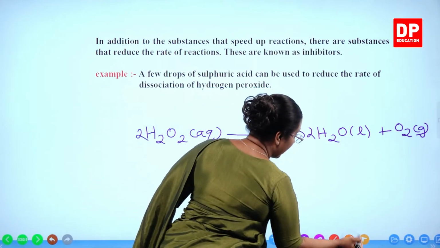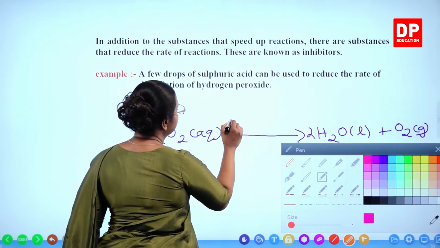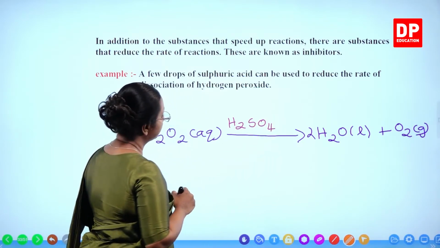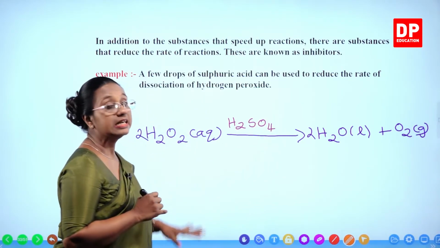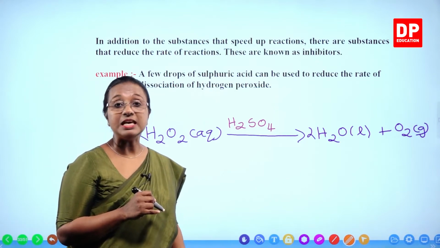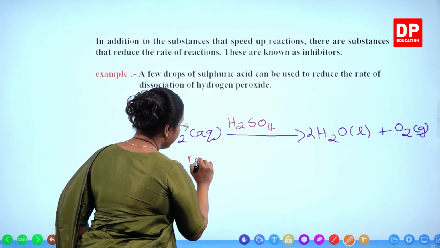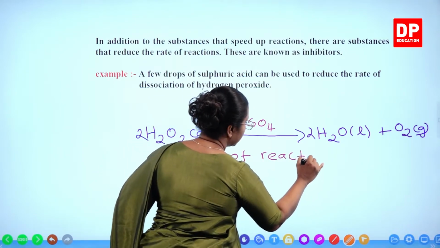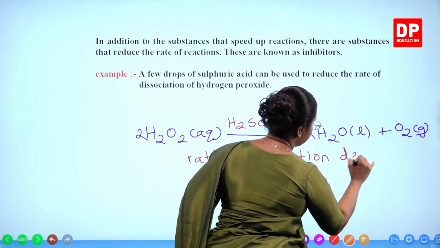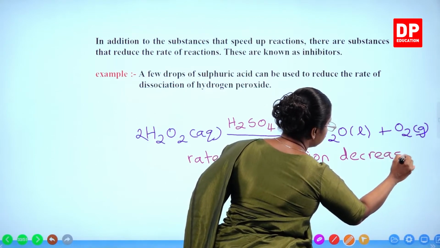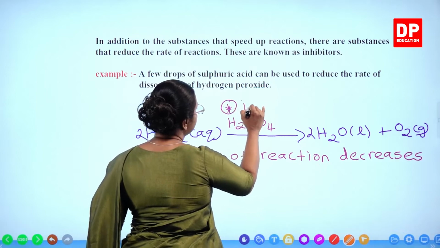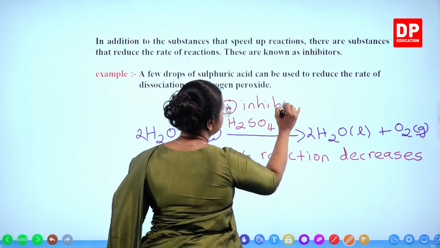To the same reaction, if you add sulfuric acid, H2SO4, the rate of reaction will decrease. So that means sulfuric acid is an inhibitor.